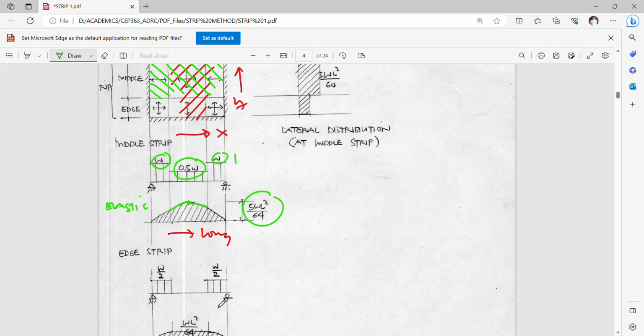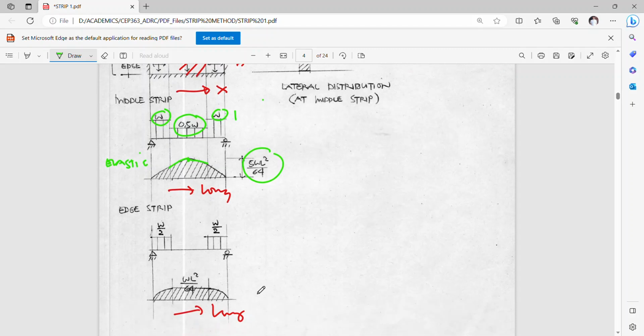Again, to get the maximum moment for a simply supported beam with a partial load, if the distance here is known, and this is L over 4, this is simply equal to W over 2 times L over 4 squared all over 2.